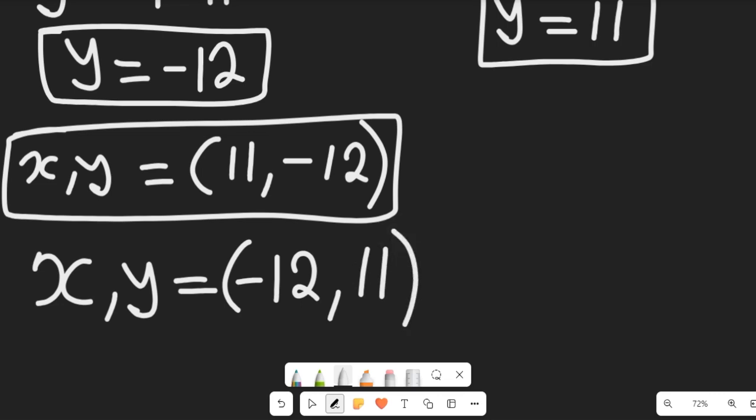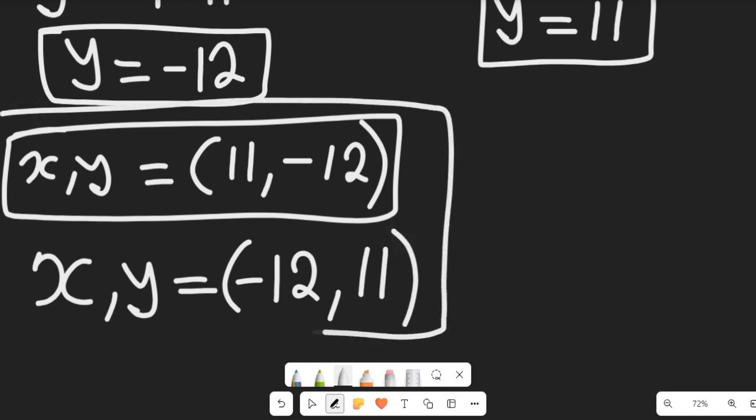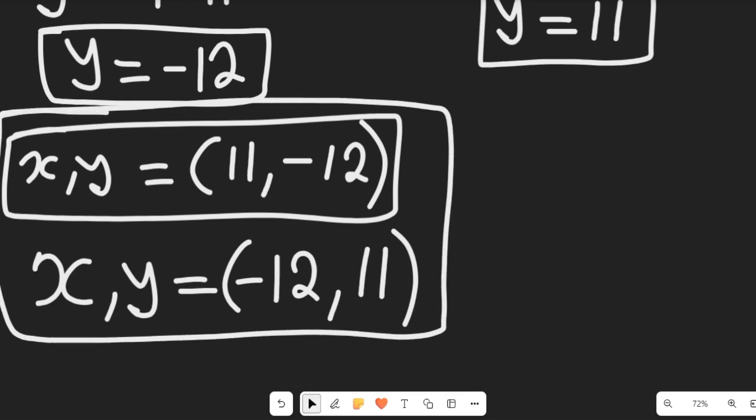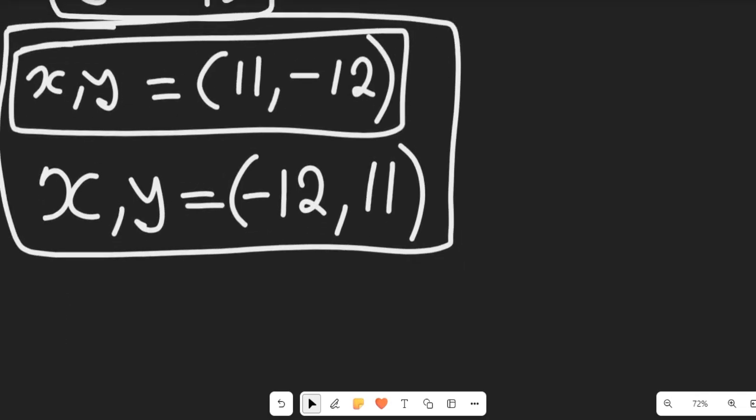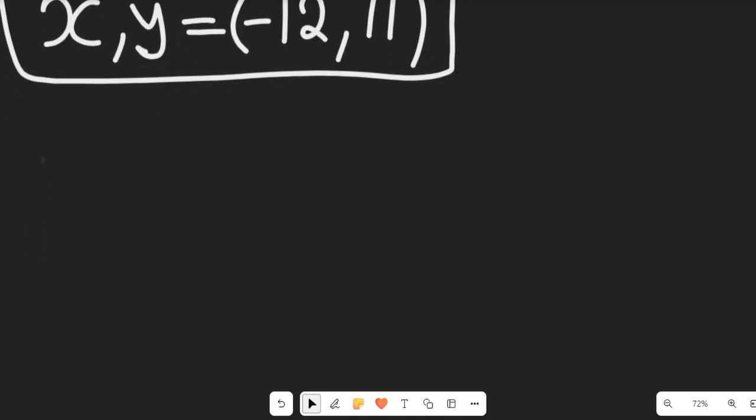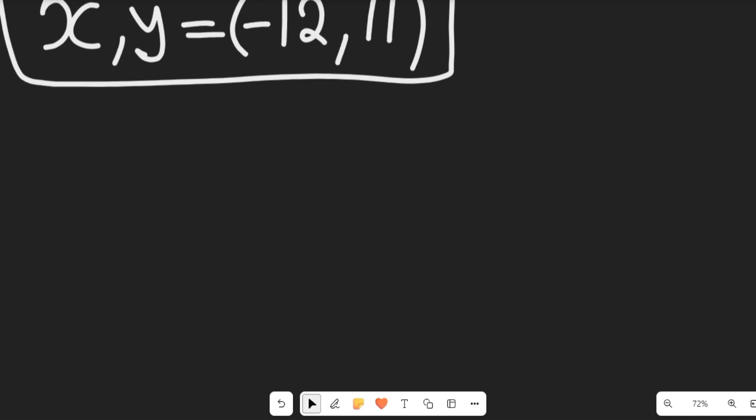So these are the solutions that satisfy the equations given to us up there. In the first solution, x is equal to 11 and y is negative 12, while x is negative 12 and y is 11 in the second solution. Now let's check to see if our solution is absolutely correct.